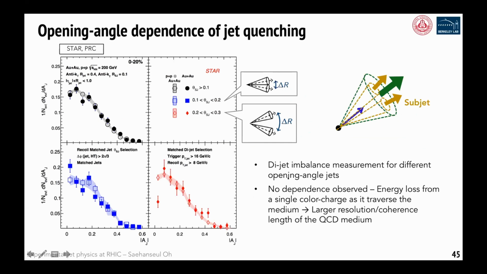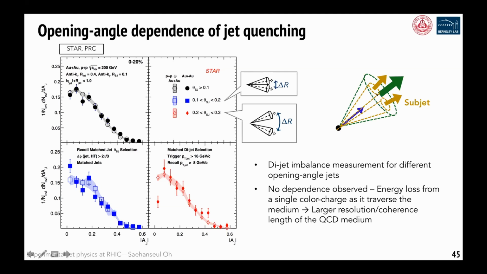And we measured this. It's accepted in PRC, but I don't have a number now. What we did is, once you have a jet, like an R equal 0.4 jet, we have the jet constituents, and we reconstruct subjets. Subjets are smaller radius jets within the original jet. Once you have the two highest pT subjets, we investigate the distance between these two subjets.